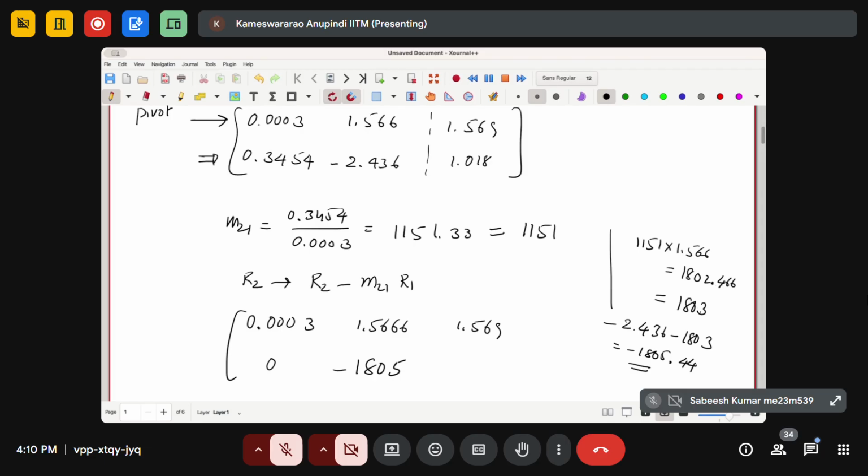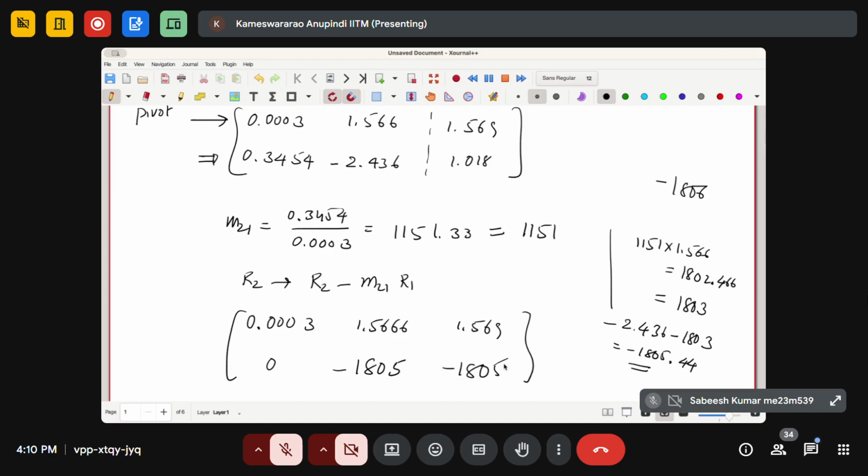Fine, so this will be 1805. Let us keep this one. Then on the right hand side, I have 1.569 times 1151. It's going to be 1806. Okay, that will be 1806, and then with a minus, and then you have 1.018 minus 1806 is going to be minus 1805. Okay, this will be minus 1805.